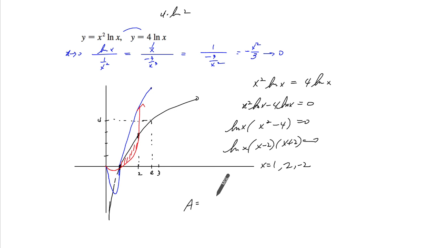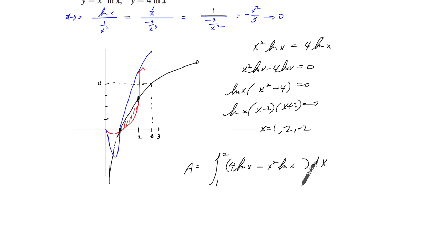So the area is going to be the integral from 1 to 2. The top graph is this, minus this one. Okay, that's a setup.